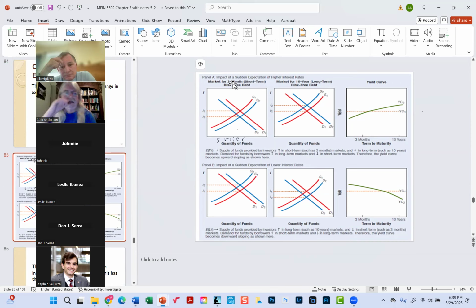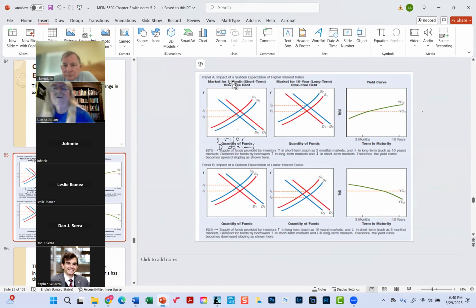If you really think rates are heading up, you want to save more money, right? But on the other hand, people won't want to borrow as much because they're worried that it'll cost them more. So the demand for funds goes down in the short-term market.